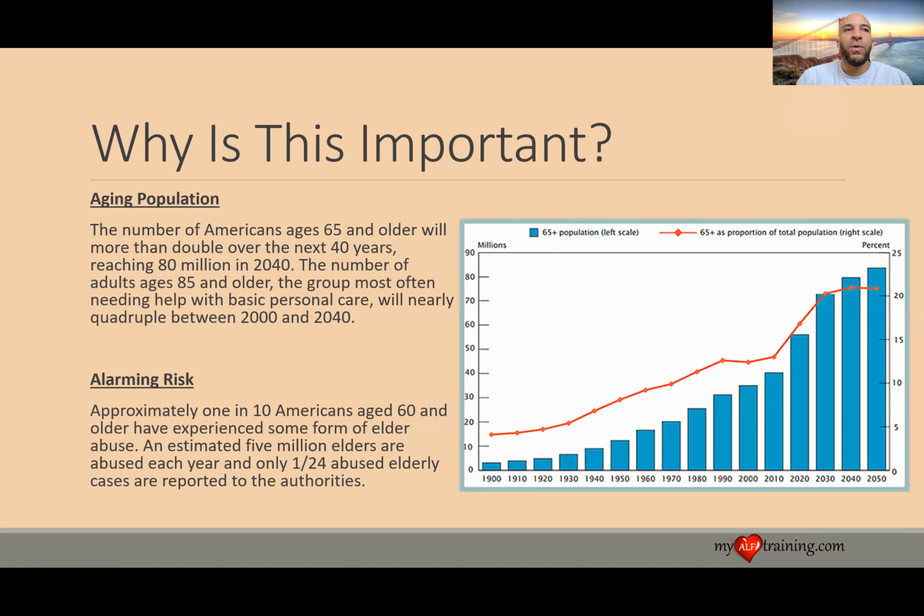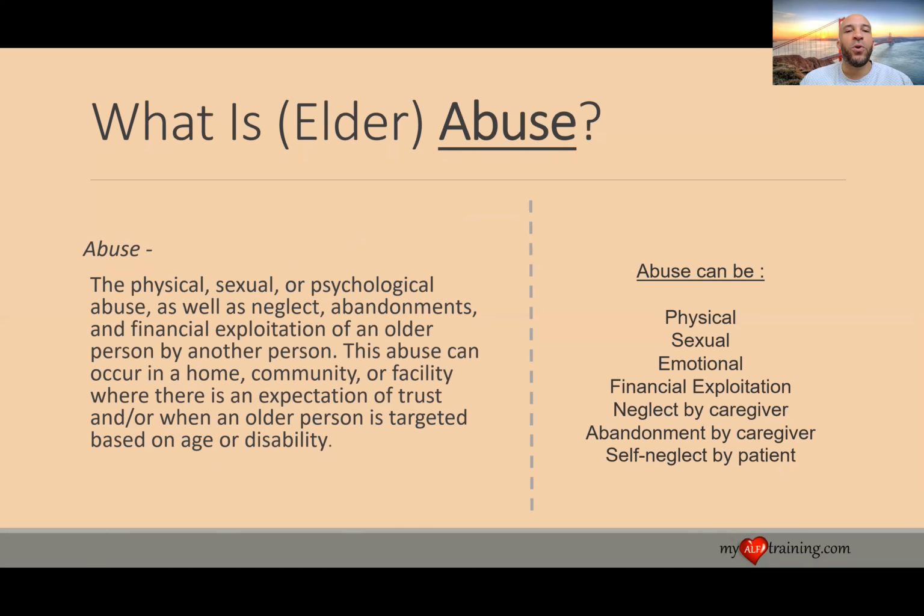But it also is alarming because it demonstrates how many people who abuse elderly aren't caught, which only gives them more opportunity to continue taking advantage of the elderly and leaving more victims behind. So that is why this information is so important.